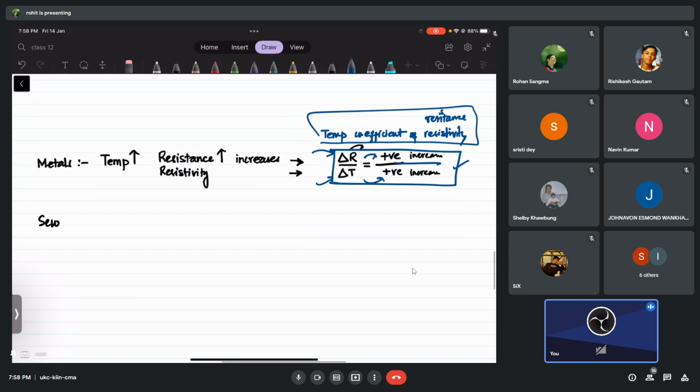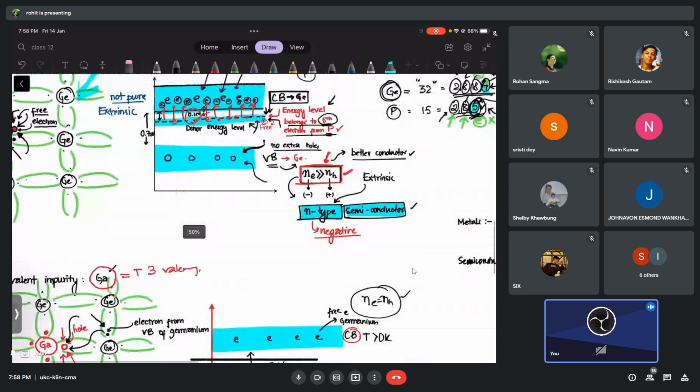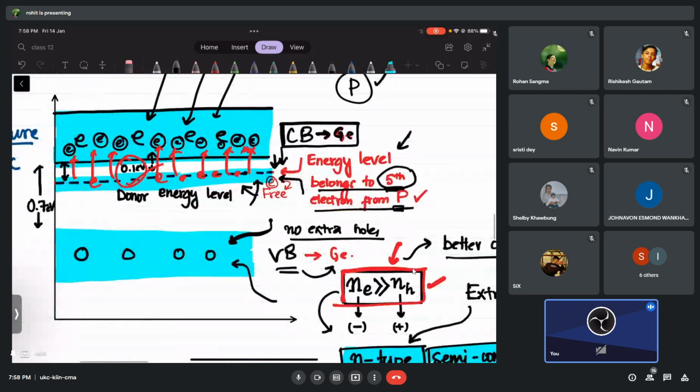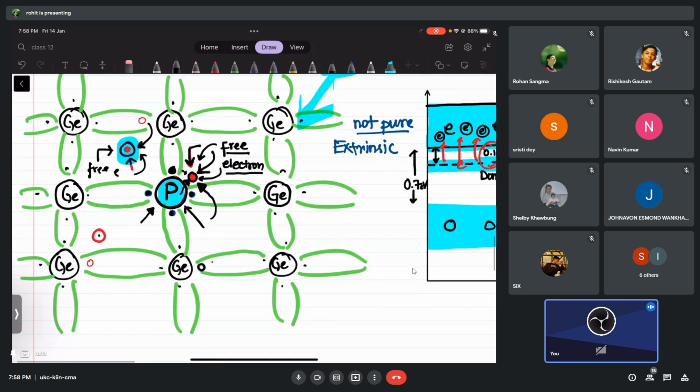But look at semiconductors, okay. When temperature increases, look at the picture and tell me what will you get in a semiconductor. Will these bonds still be intact or will some more bonds be broken? More bonds will be broken, right?